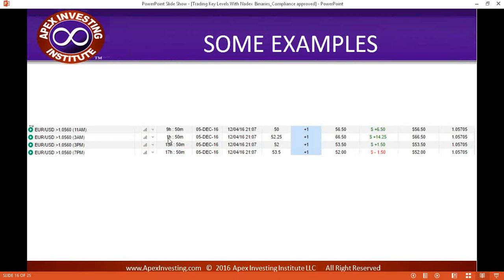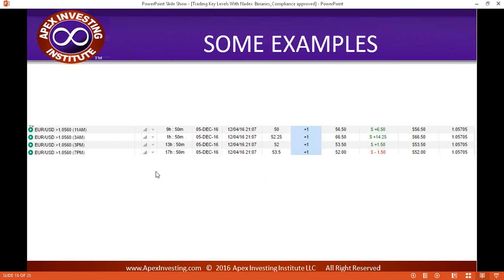The one with the least amount of time to expiration is up $14 in profit. This one that's way out, 17 hours, is still even in the negative P&L. Do you see that? Does that make sense, guys, what I'm showing you here? How when you go too far out, your value is going to move slow.